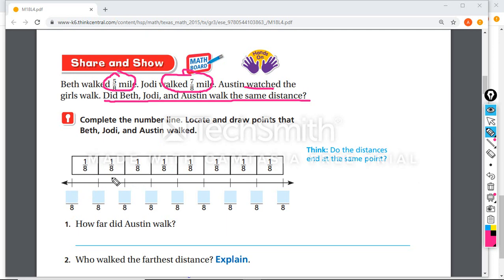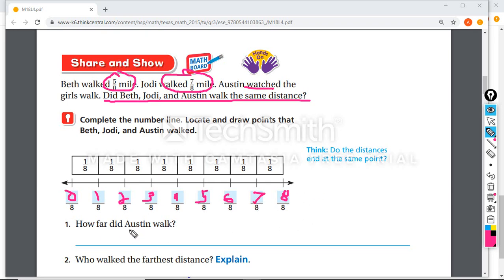We have how many? 1, 2, 3, 4, 5, 6, 7, 8. I already know this one is going to be 8 over 8 and equals 1. Okay, so we start with 0. This is 1/8, 2/8, 3/8, 4/8. You see what I'm doing? 5/8, 6/8, and 7/8, and then 8/8.